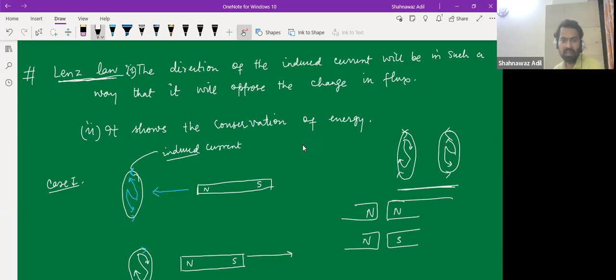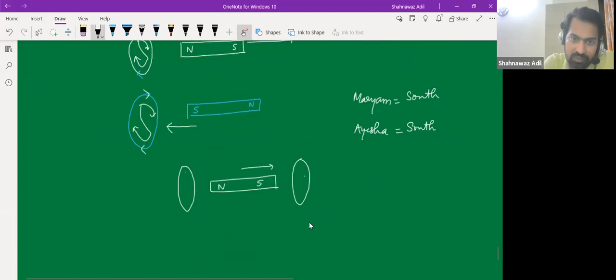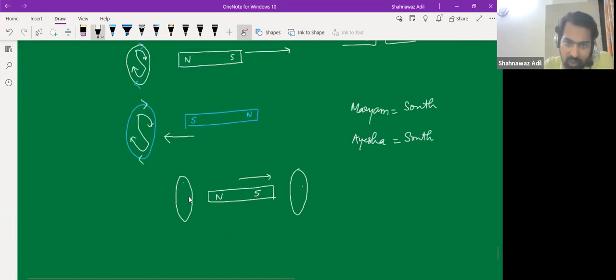So this was the first case, and we will understand the other scenario as well. There is another way with which we can identify the direction of the induced current. Yes, the first coil should be south, right?